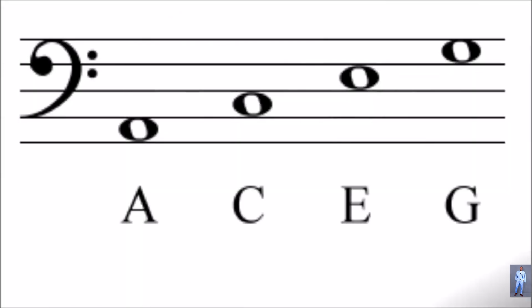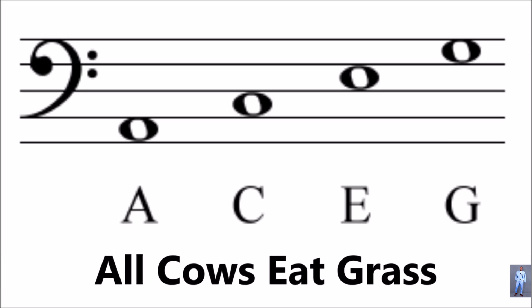Let's start with the bass clef spaces. Space number 1 is A, space number 2 is C, space number 3 is E, and space number 4 is G. This results in the notes A, C, E, G. The common phrase used by musicians is All Cows Eat Grass.